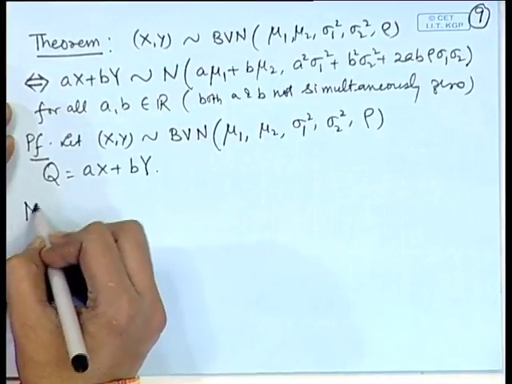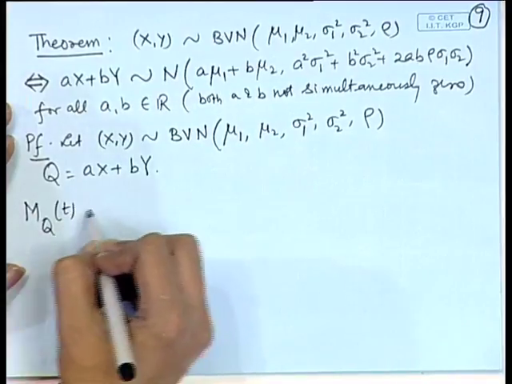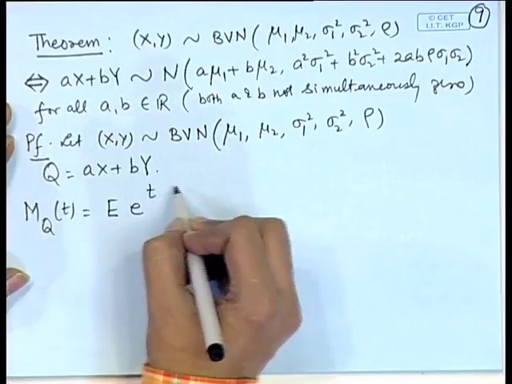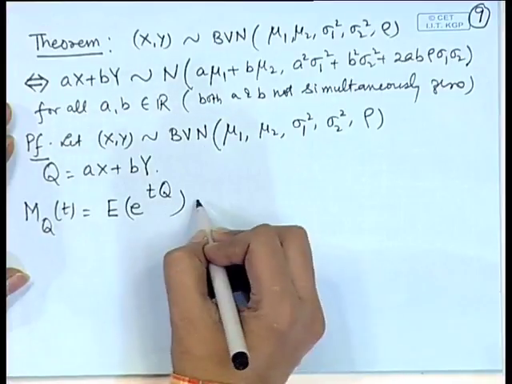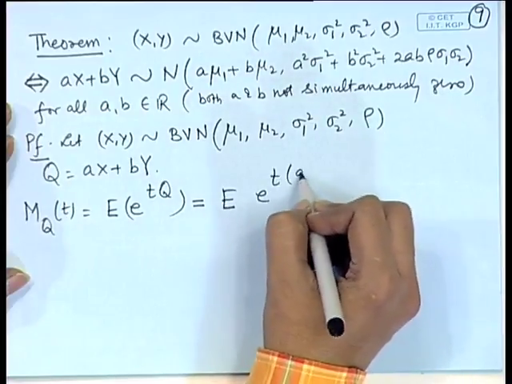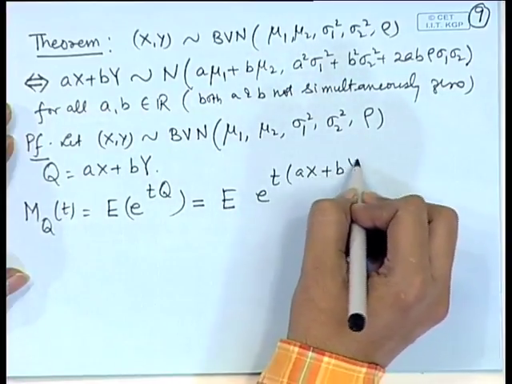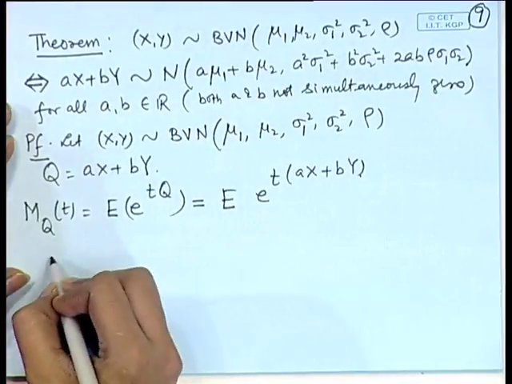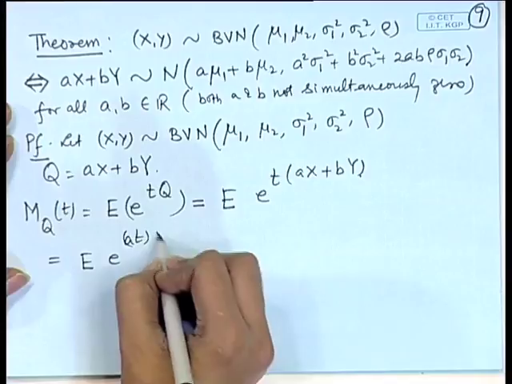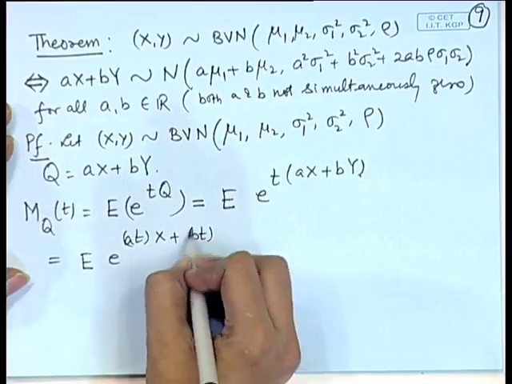Then the moment generating function of Q, that is equal to expectation of e to the power tQ, that is equal to expectation of e to the power t(aX plus bY), that is equal to expectation of e to the power atX plus btY.